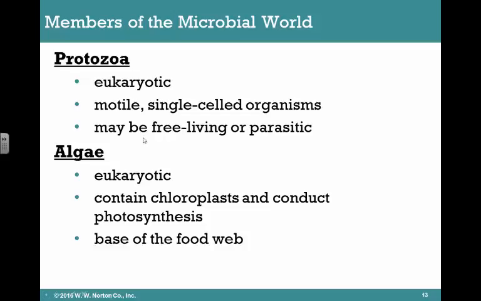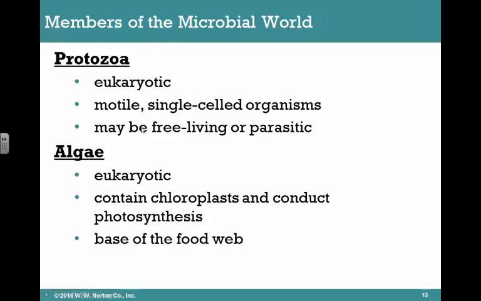So moving on to the eukaryotic members of the microbial world, protozoa and algae are protists. They're unicellular. Algae can also be multicellular, but we'll be focusing on unicellular. In the case of protozoa, they're defined by their motility, so they're grouped and classified by their motility.